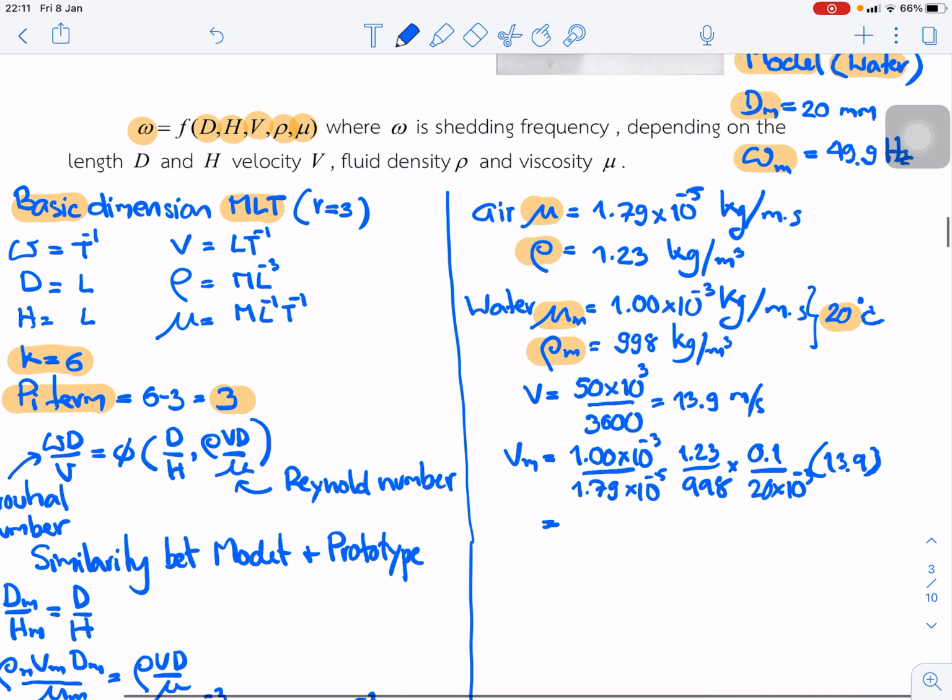So we got the velocity for the model of about 4.79 meters per second.